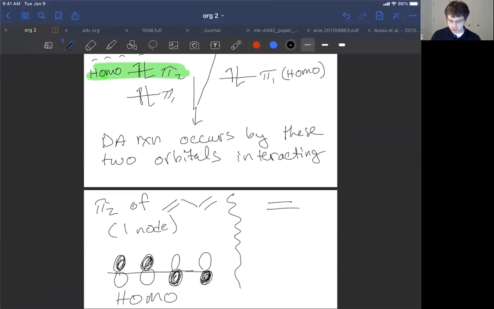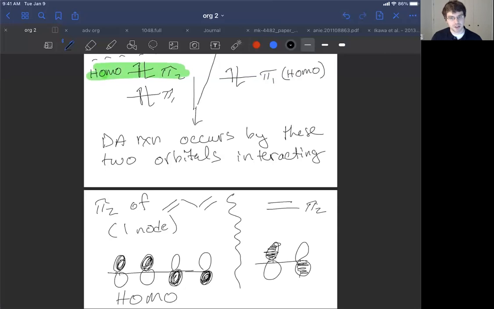Now for an alkene, I keep drawing psi, that's an old habit. If we consider pi 2, the second pi molecular orbital for our alkene, that's going to be a molecular orbital made up of 2 p orbitals, and we show the respective shading to once again give 1 node. The fact that they're both psi 2 or pi 2 and that they both have 1 node is purely coincidence.